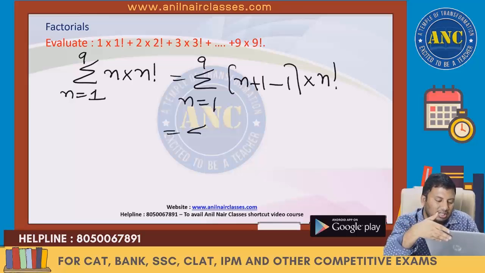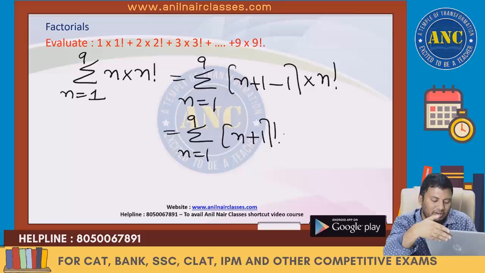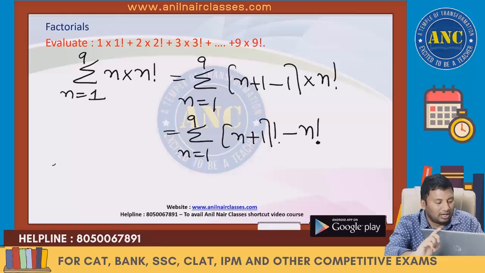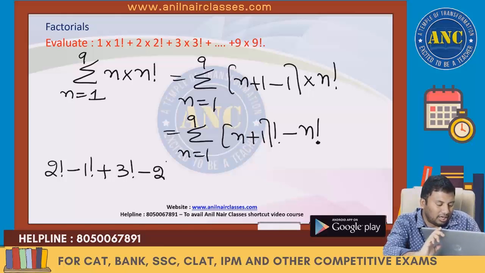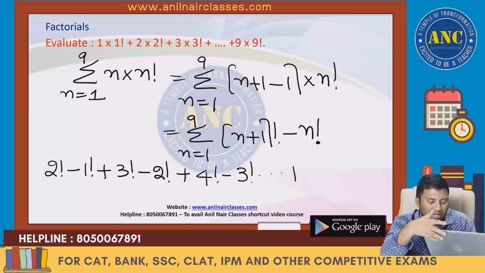This is n from 1 to 9, (n plus 1) into n factorial minus n factorial, that is (n plus 1) factorial minus n factorial. If I take 1, 1 plus 1 is 2 factorial minus 1 factorial. n value 2, 3 factorial minus 2 factorial. n value 3, 4 factorial minus 3 factorial. n value 9, 10 factorial minus 9 factorial.